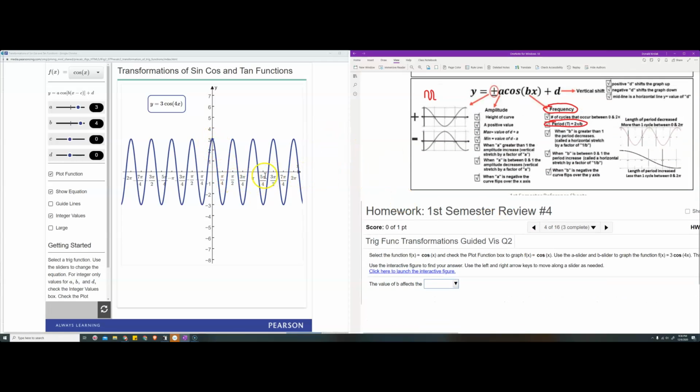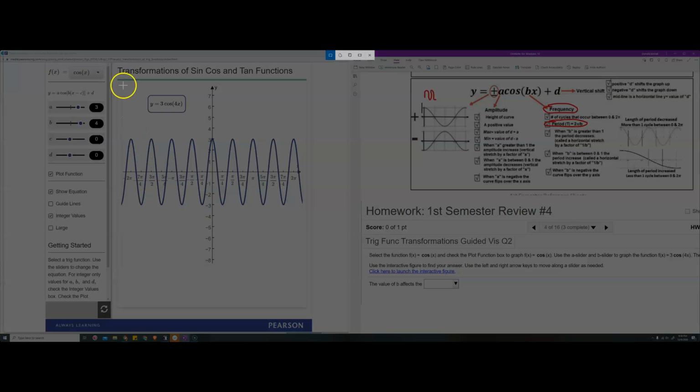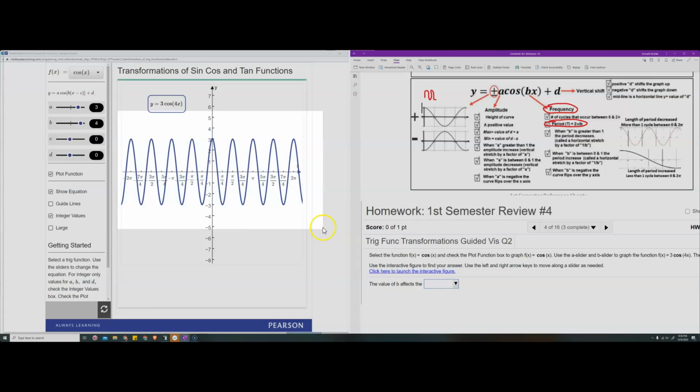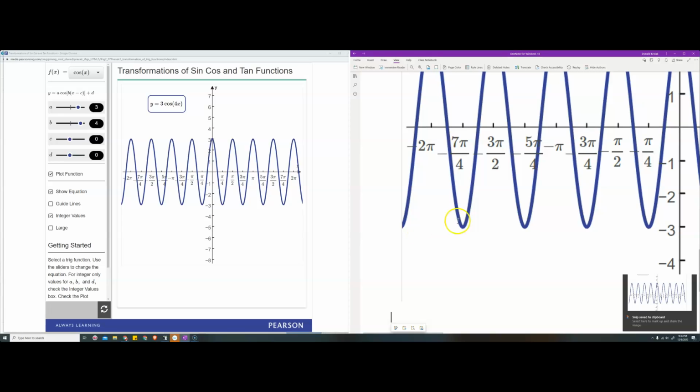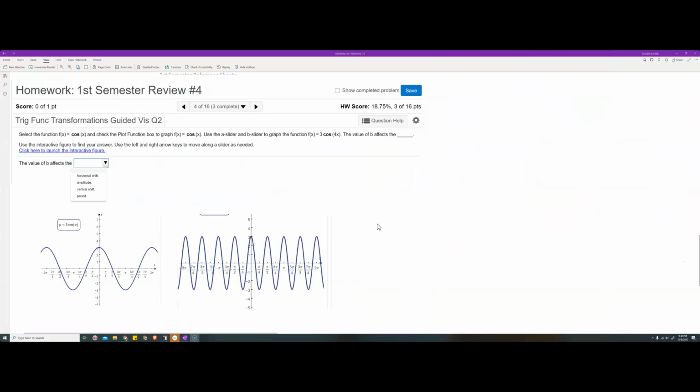And what that foretells you, if you count the number of cycles of cosine right here. So if I took this graph, copied it, and I'll just paste it down here. This first one was 3 cosine, and the second one here was 3 cosine 4x.